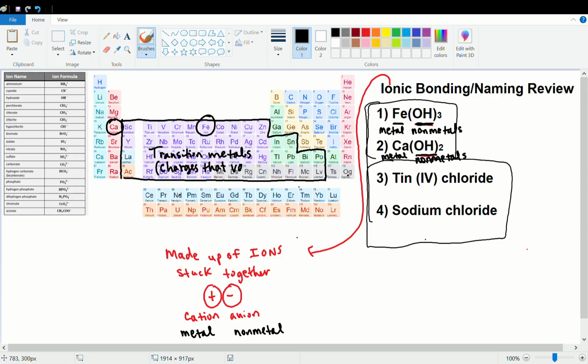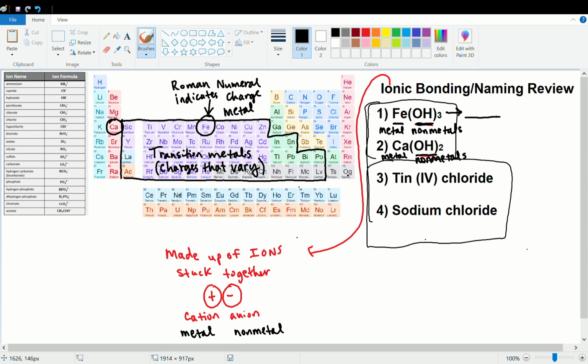They're not always the same. And because they have charges that vary, I therefore have to write a Roman numeral to indicate the charge of the metal.